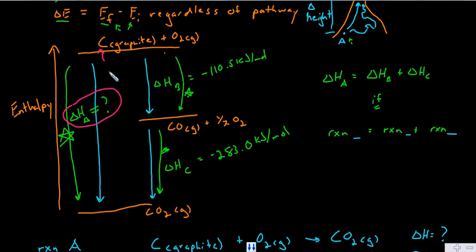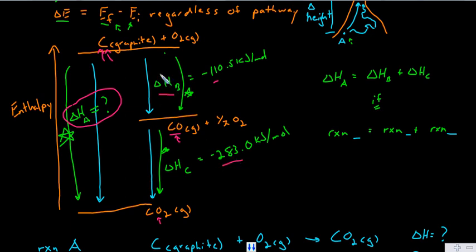Now we can find this by finding information about smaller parts of that reaction. We know that the enthalpy of partial combustion of carbon, turning carbon into CO gas, is negative 110.5 kilojoules per mole, and that the enthalpy of further combustion of that carbon monoxide into carbon dioxide is negative 283.0 kilojoules per mole.